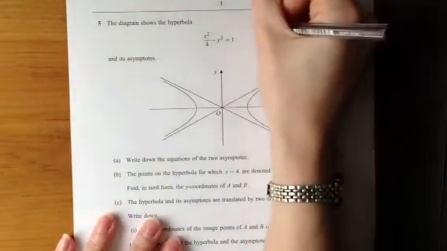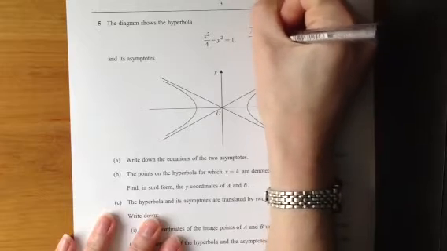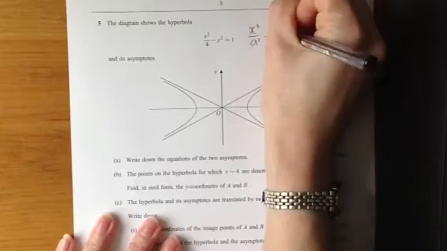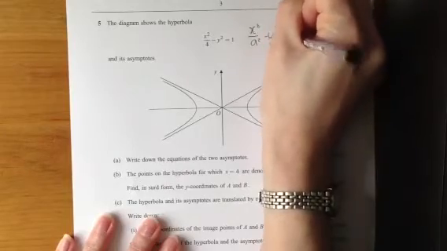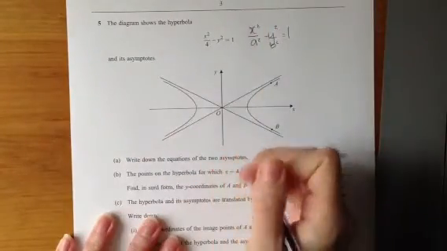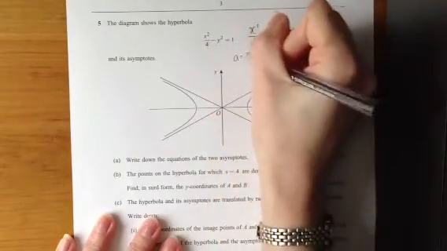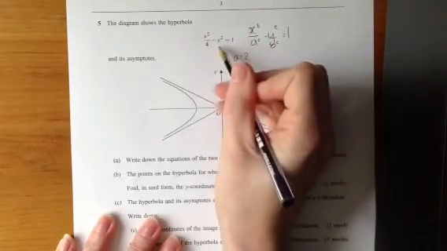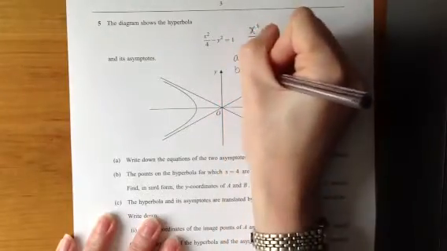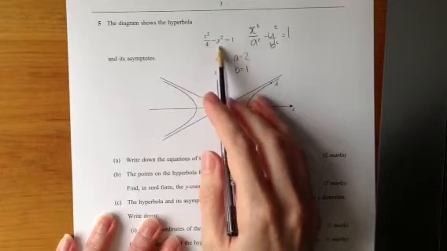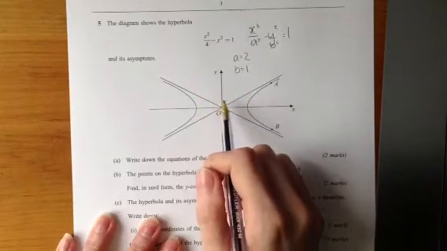So we're going to rewrite over here just for comparison. Which means that we've got a is equal to the square root of this, which is 2, and b, because there's nothing there, we're going to presume that's a 1, because 1 squared will still be 1, and that's what happens when you can't see a 1 over here.